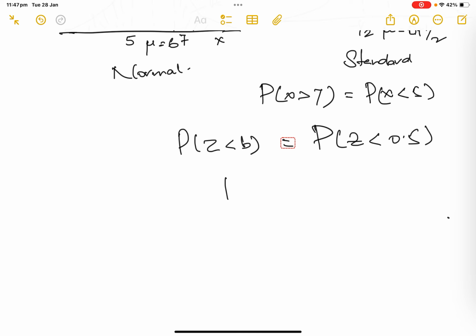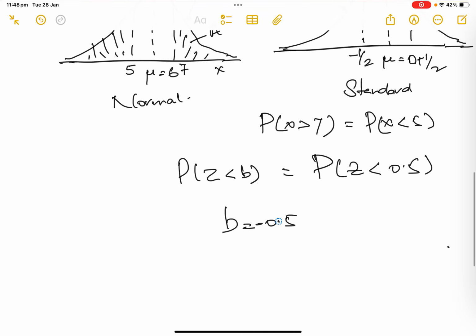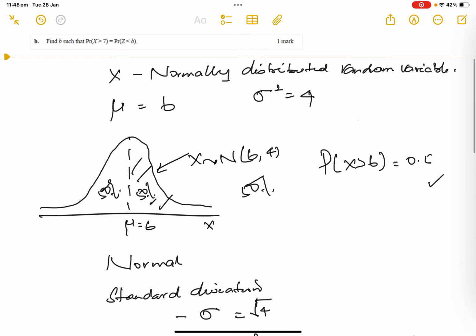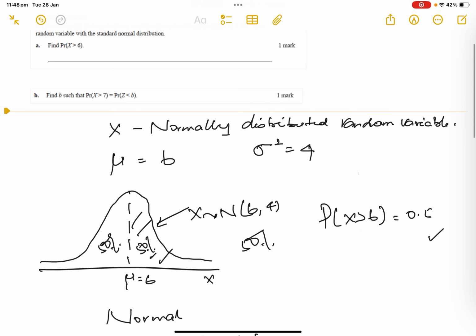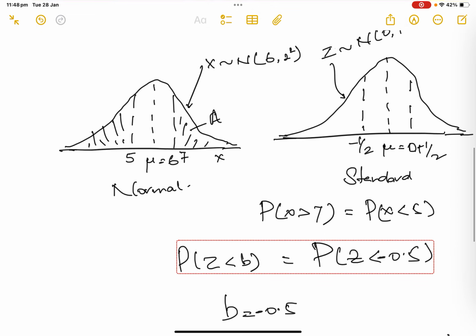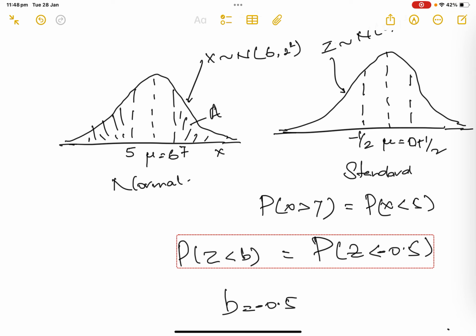So b equals minus 0.5. Yes, b is minus. It's very simple as long as you understand the normal distribution and the Z distribution. The Z distribution has mean 0 and standard deviation 1.